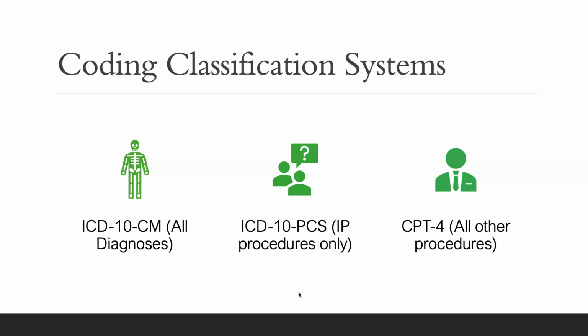The last one on the screen is CPT-4, and that is used to code all other procedures except for hospital inpatient procedures. So the first one, ICD-10-CM, all diagnoses, is Chapter 12, and that's what we will be covering the next couple of weeks. Then we move on to Chapter 13, and that's the CPT-4, learning about all outpatient procedural coding, whether that's an office, a nursing home, hospice, those types of things.